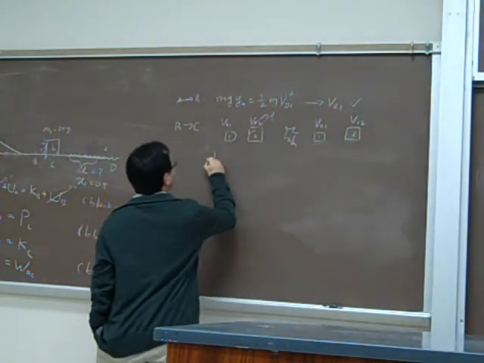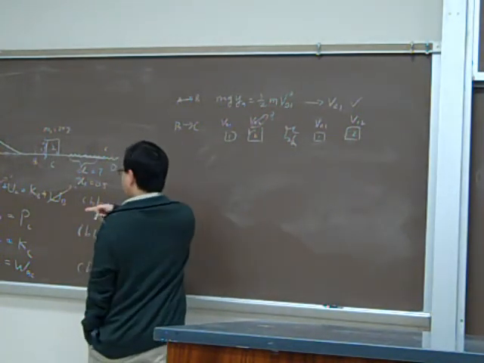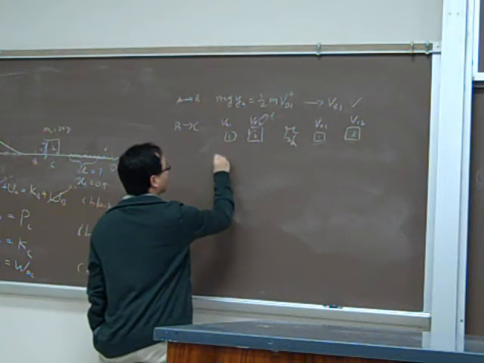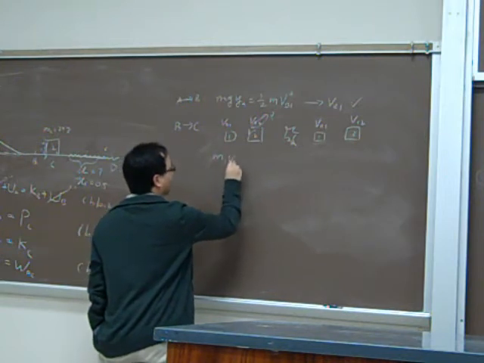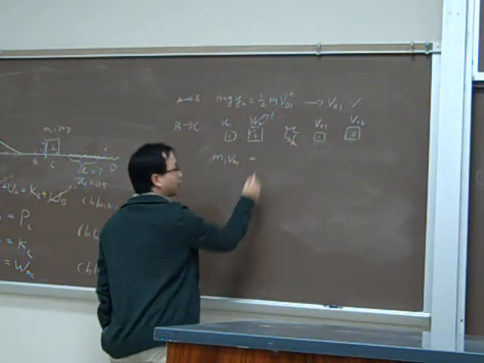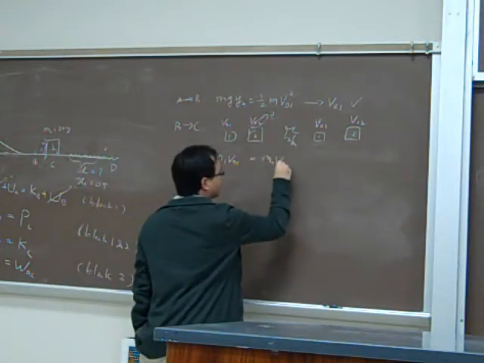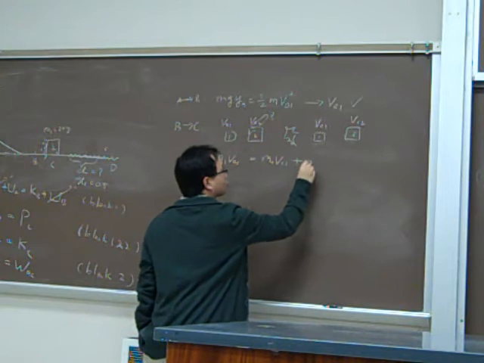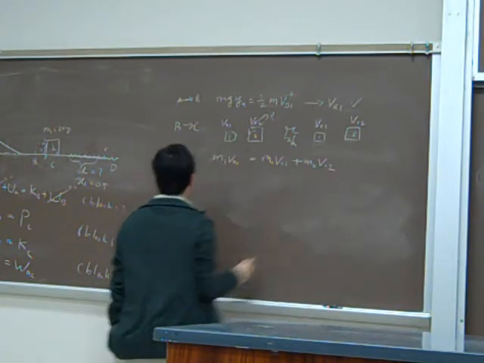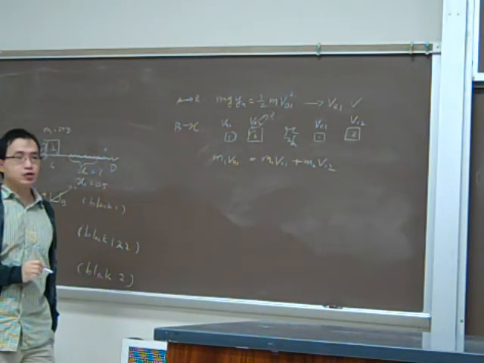So you need to write down the equation. Momentum conservation: PB equals M1 VB1 plus 0, equals M1 VC1 plus M2 VC2. And you also have the kinetic energy conservation.